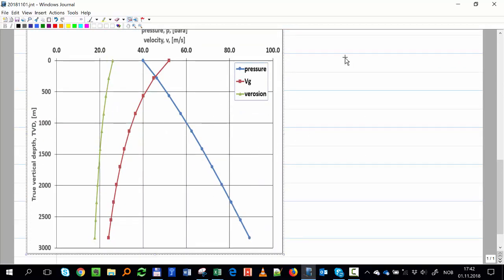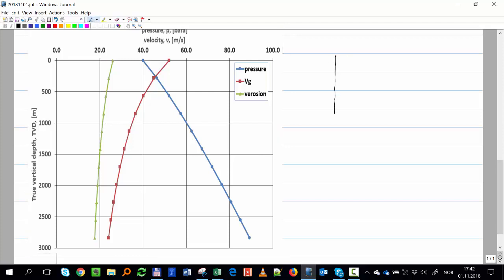You can say, here I have my well, my tubing, and here I have PWF, which will be this point, and P wellhead, which will be that point. And I can see exactly what happens with velocity along the tubing. That's better for a flow line, when I have a flow line, I plot it the opposite, because the flow line usually is more horizontal than vertical. So that's the velocity of the gas, and here that's the erosional velocity.